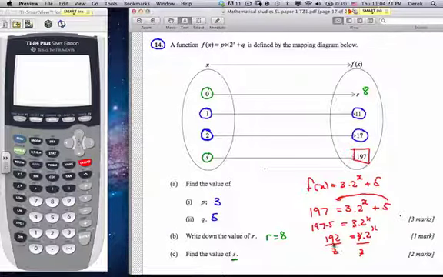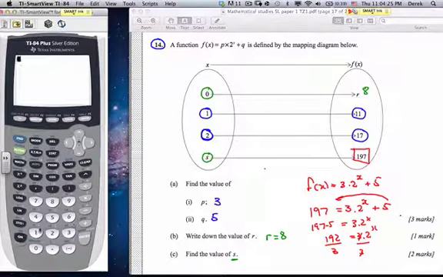Let's just work that out. So it's 192 divided by 3, it's going to be 64. So it's 2 to the x is equal to 64.